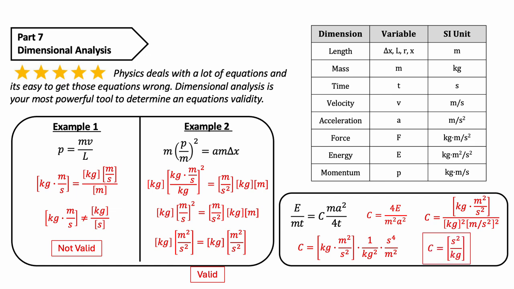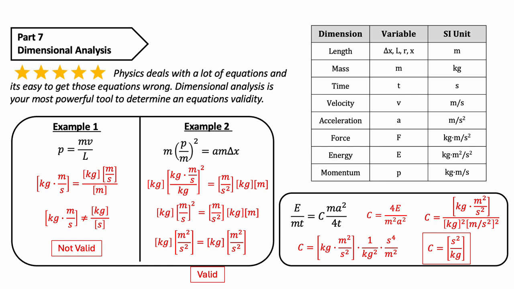Now things start to cancel once we do that. And my final answer is going to be seconds to the 2nd power divided by kilograms. So that is what C needs to be in our initial equation to make this equation dimensionally consistent. Best of luck as you go through the dimensional analysis section. I promise you can do this, but practice always makes perfect.